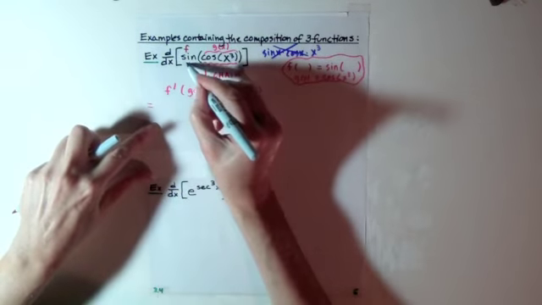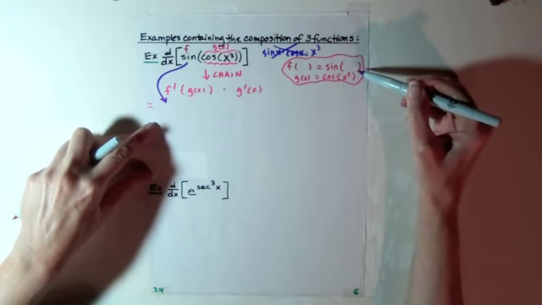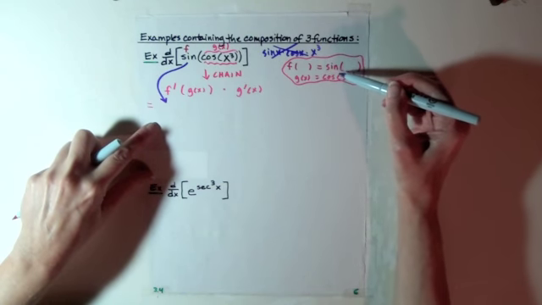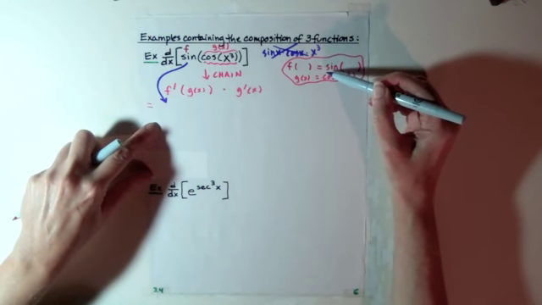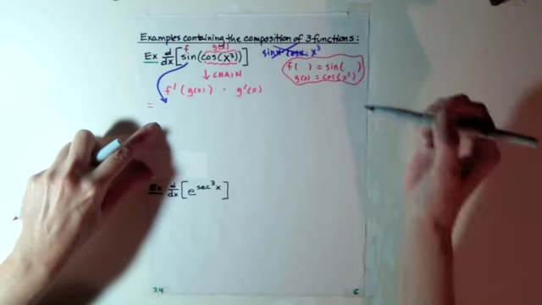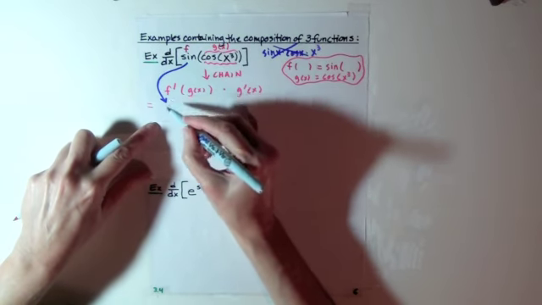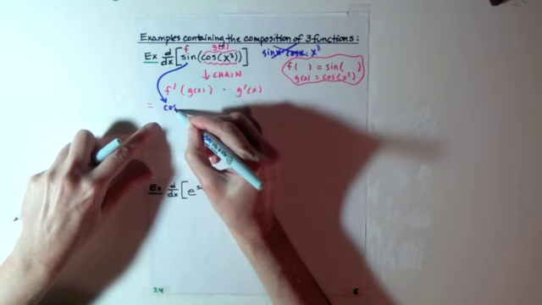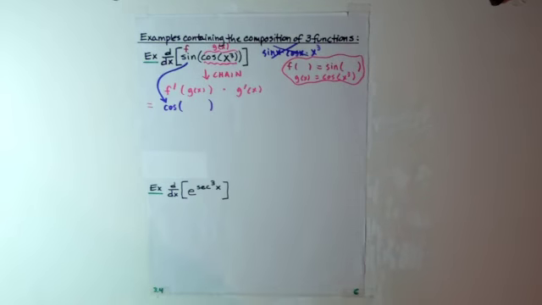Derivative of sine x is cosine x. So the derivative of sine of empty parentheses is cosine of empty parentheses. So the derivative of my outer function is cosine, and I'm supposed to evaluate that at my original inner function.